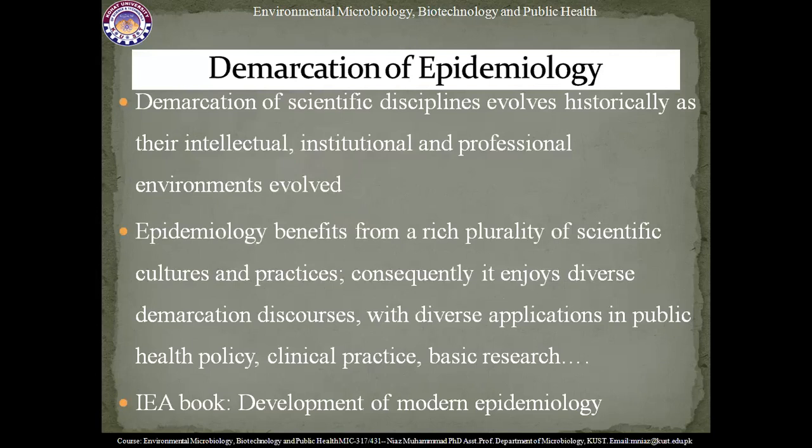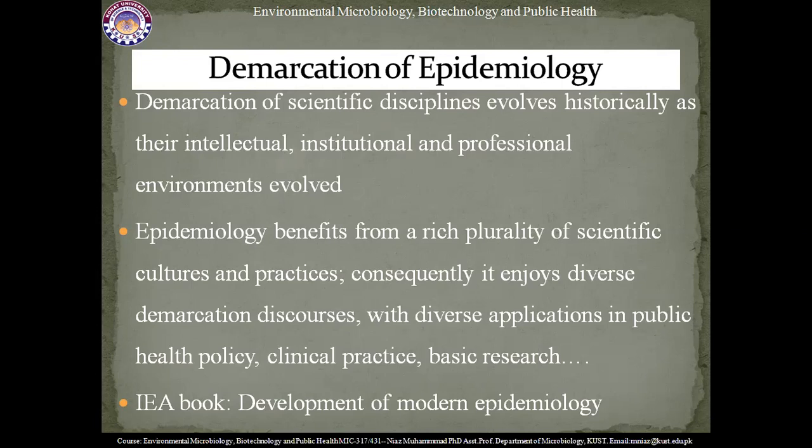Demarcation of epidemiology: the demarcation of scientific disciplines evolved historically as their intellectual, institutional, professional and environmental contexts evolved. So it demarcates, it clarifies, it makes epidemiology a countable form. History tells the information about the disease.